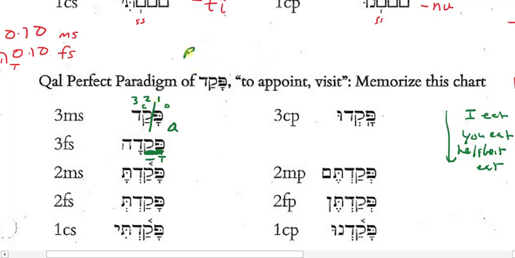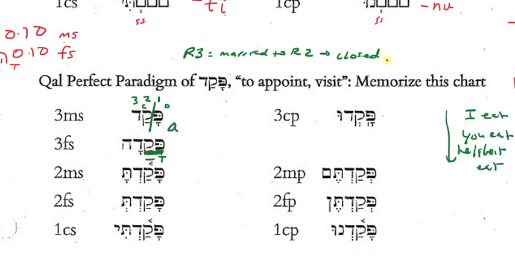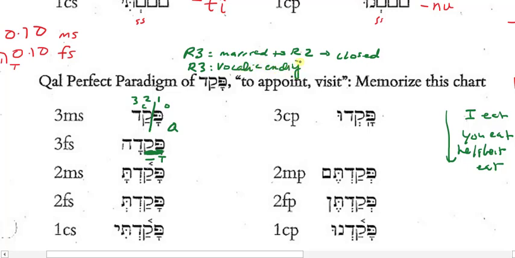So basically, root 3, when we start, is married to root 2, and the syllable is a closed syllable. Okay? Root 3, though, has some ways of looking at things. For root 3, vocalic endings are sexy.